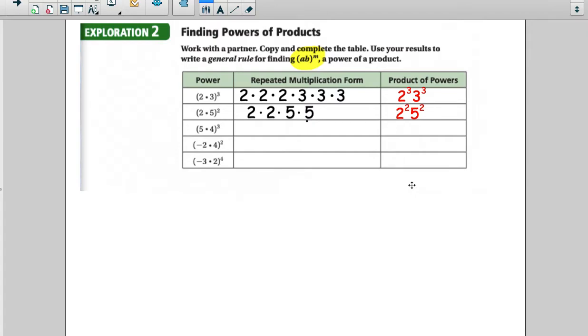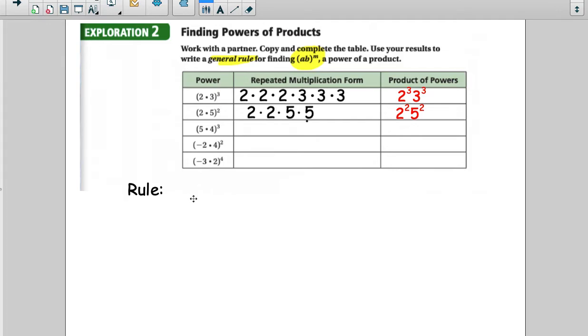It's pretty simple, okay? Keep going on this table, finish filling it in, and see if you can write a general rule. I'd actually like you to write a rule and show what you think the rule would be when you're finding a product of powers, or powers of products, I should say. So I literally want you to write a rule, okay?